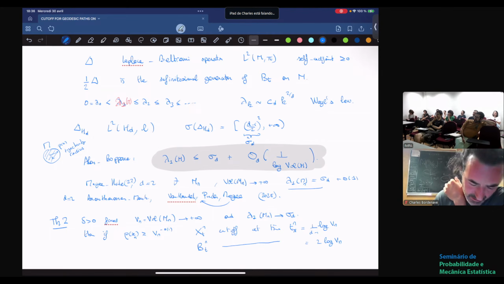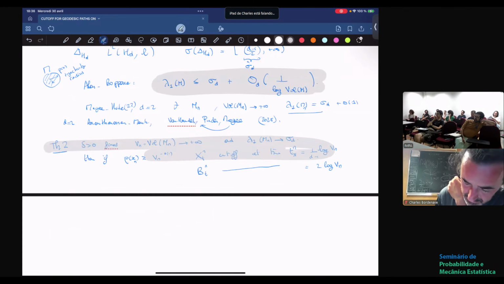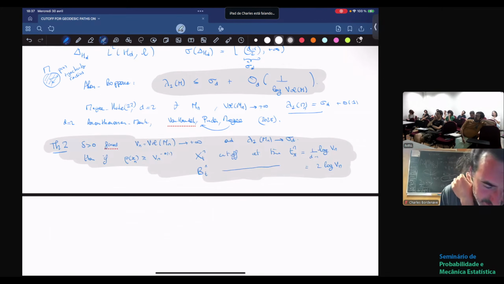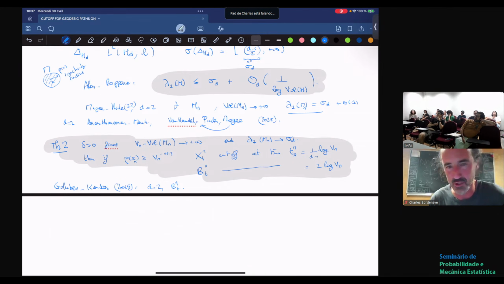There were previous results by Golubev and Kamber, for a specific case. In 2019, they considered d equal to 2 and the Brownian motion.